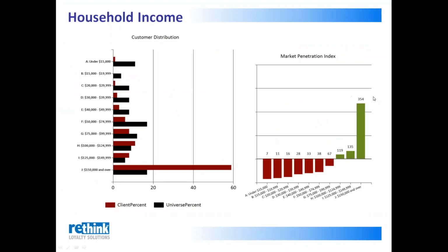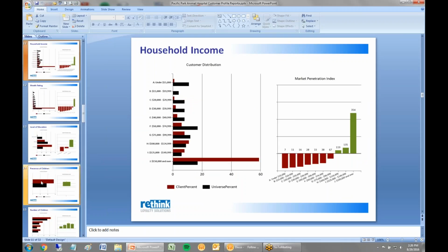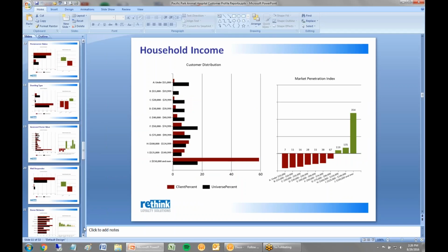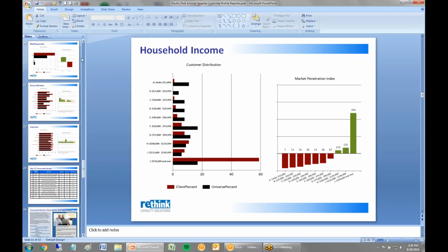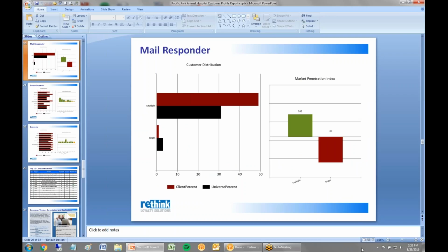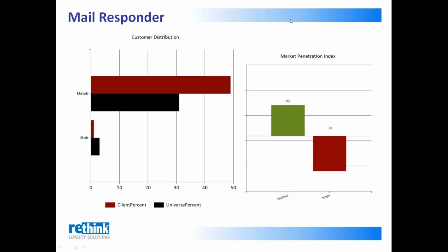It's a lot easier to get an index of 354 when you have 10 or 12 value ranges to choose from. When you get down to something like gender or male responsiveness, where you've got man, woman, yes, no, it's a lot harder to achieve an index of 161. So it's that much more statistically salient.